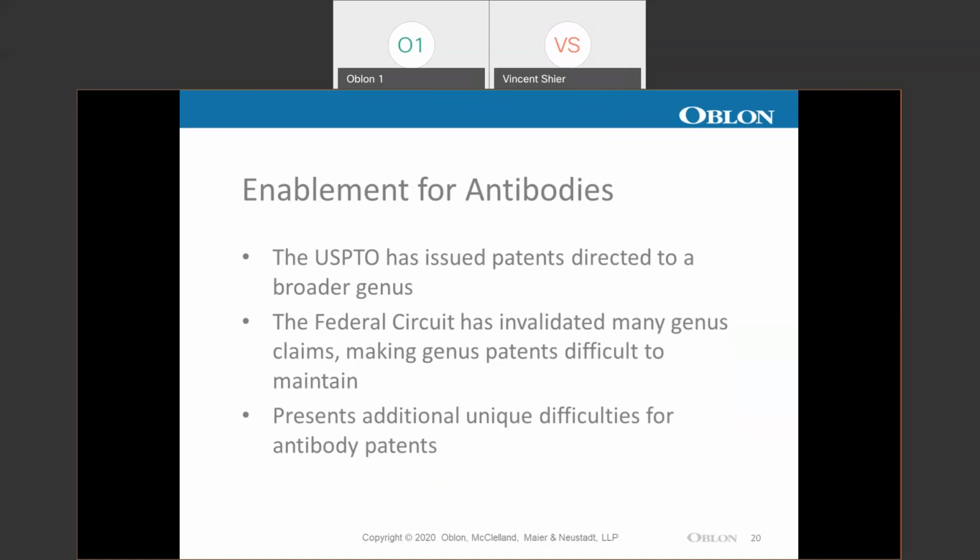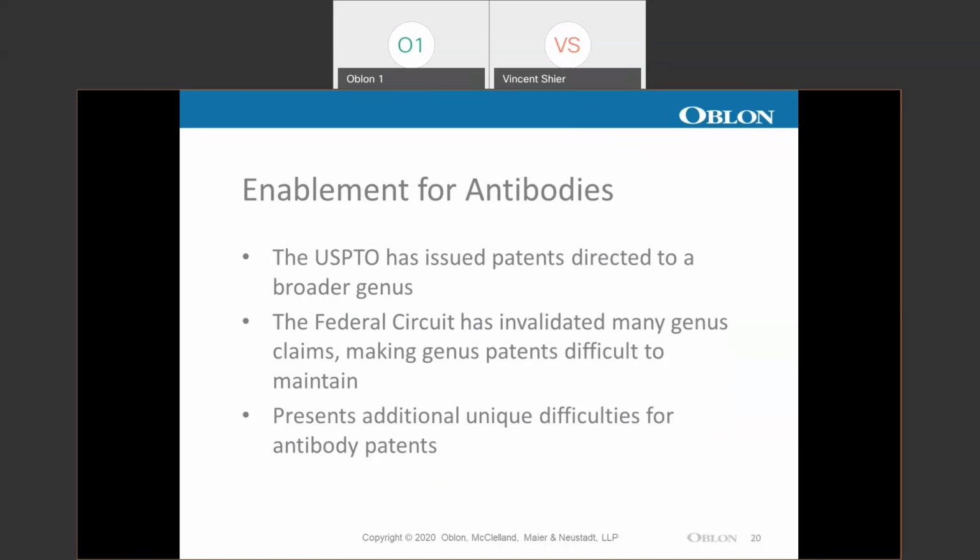So, with respect to enablement for antibodies, where we currently stand is quite an interesting mix. The USPTO has issued patents directed to a broader genus. In fact, the struggle here is that for the years prior to Amgen, and certainly before AbbVie, the USPTO issued many such broad antibody patents like the one that we showed very early on.